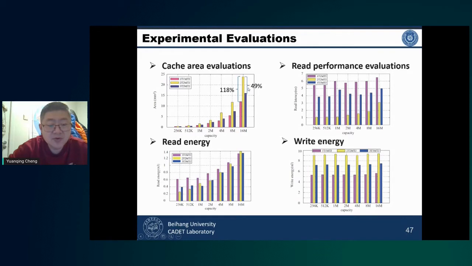And it also is larger than the case of the 3T3MTG by about 50%. And through these extensive simulations, we can observe that the 3T3MTG cell structure can get an optimal trade-off among the read speed and area overhead.